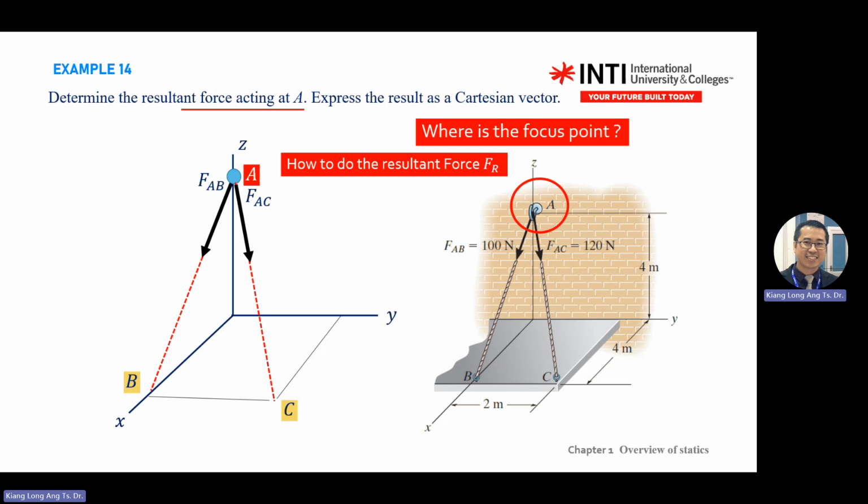So if you don't know, recall the first chapter, first lecture. We learned about the parallelogram law. You draw a parallelogram, then you draw a triangle. Same with this one. This direction, you move to here. You move your ruler, the FAB, draw.